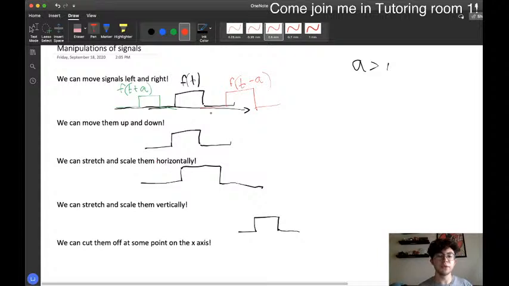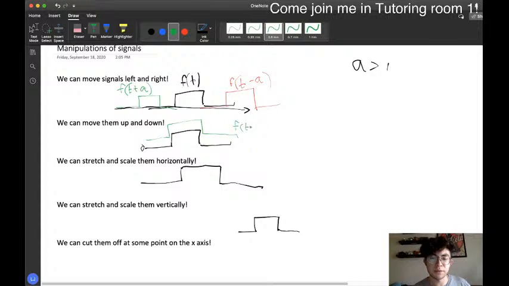We can also move these signals up and down. So what we would do to accomplish that is, if we wanted to go up here, say this is y0, then we can just add a number to it.